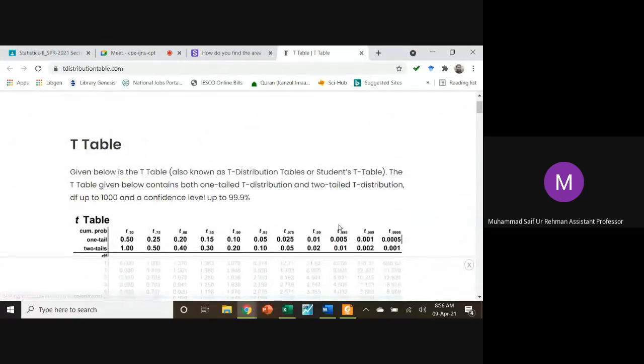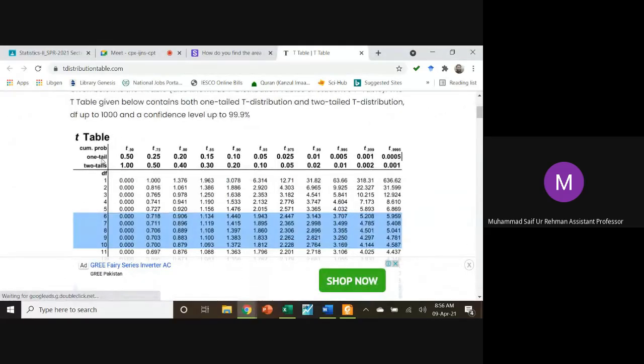If you are using single tail, you will see this central row, one tail. You will move rightward. This is the value 0.025. If you are considering two tails, then the level of significance will remain the same, 0.05, so you may consider this or this. As we have two tails, we have divided alpha by 2, so alpha by 2 is equal to 0.025. We may consider this value.